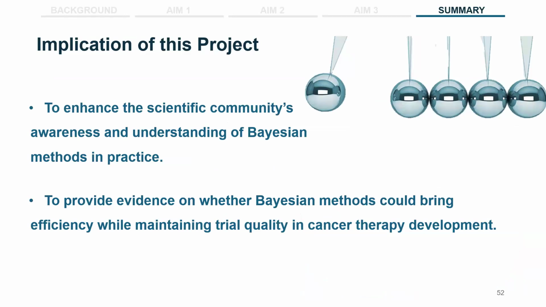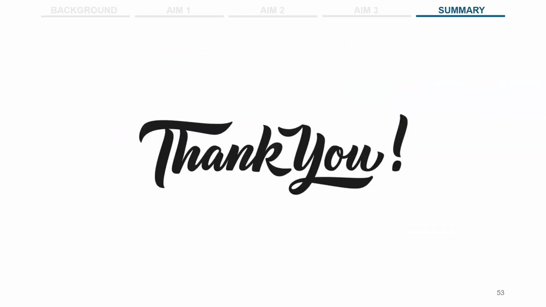Through this project, we hope to enhance the scientific community's awareness and understanding of Bayesian methods in practice, and also to provide evidence on whether Bayesian methods could actually bring efficiency while maintaining trial quality in cancer therapy development. And that's all. Thank you.